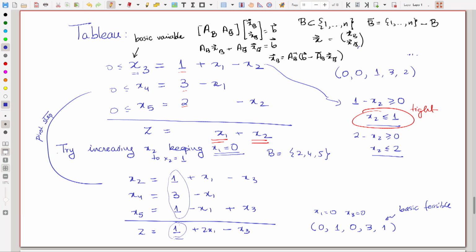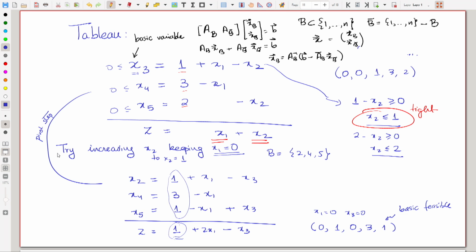I will not go into the details, but there are possible difficulties, like you might start going around in circles without really improving the objective function. But there are pivot rules.